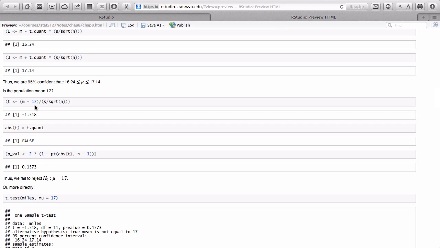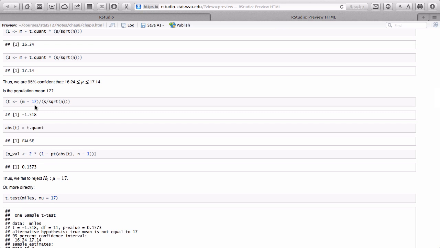It's minus 1.518. And you can see that if it's a two-sided test, we'll take the absolute value and see if it's greater than the t quantile corresponding to 0.975. And you see it's false. And we can compute the p-value. The p-value is the probability you get something as extreme or more extreme than the actual computed t that you got.